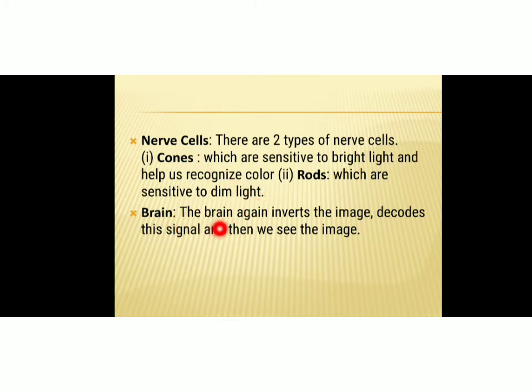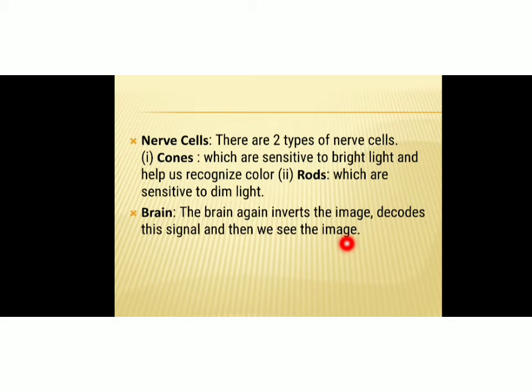Next, the brain. The brain is not a part of our eye, but since the optic nerves are connected to the brain, we need to discuss it. What is the role of the brain in eyesight? The brain inverts the image, decodes the signal, and then we see the image. You had also learned about the image formed by the convex lens in the previous chapter.